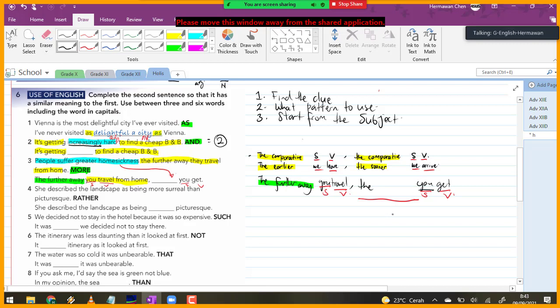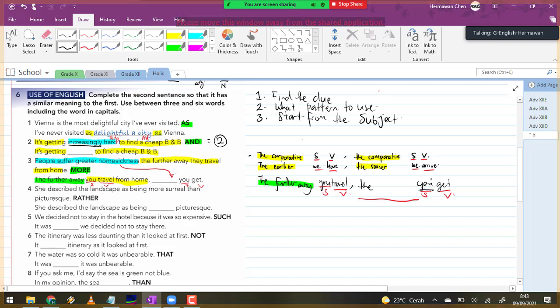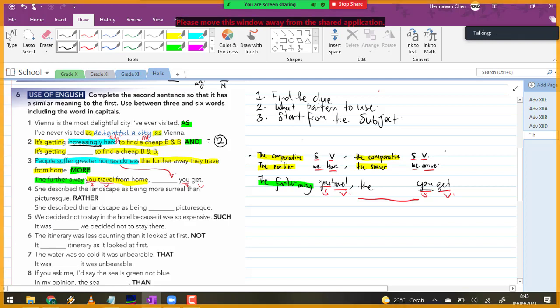Remember, comparative is comparative of adjective here. What's the adjective taken from the question? People is not an adjective. Suffer is a verb, not an adjective. Greater, that is an adjective, but that's not what we need to put in the blank. Homesickness is a noun, but that's what we need to put in the blank.